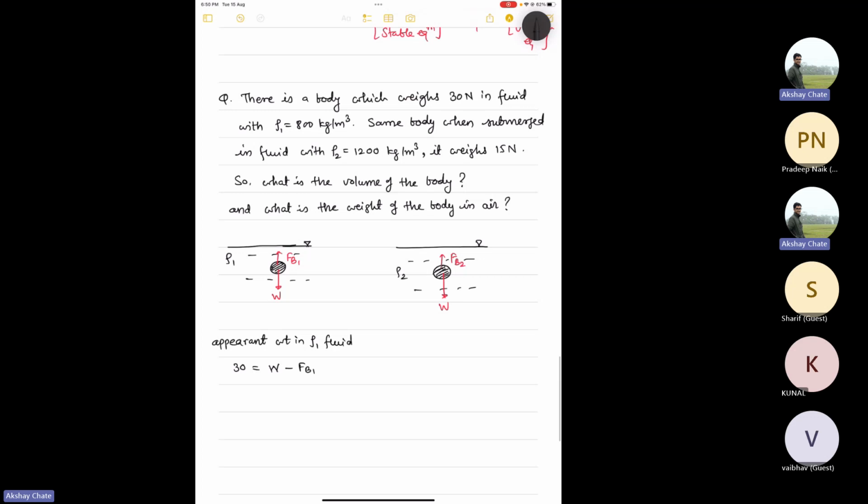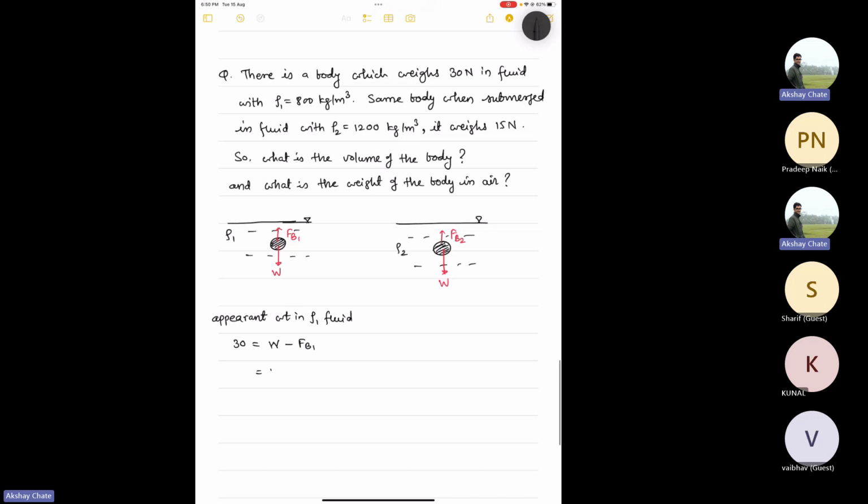And what will be the buoyancy force? The buoyancy force is nothing but the weight of the fluid volume displaced.